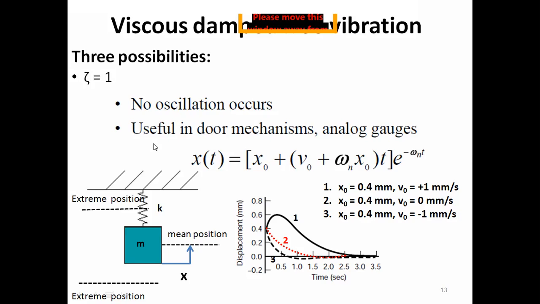And in our real life, we have this mechanism, critical damping. When zeta is equal to 1, we call this critical damping, or critically damped system. Practically, in some cases our systems are critically damped. For example, the hydraulic door closing mechanism which we have in the door.